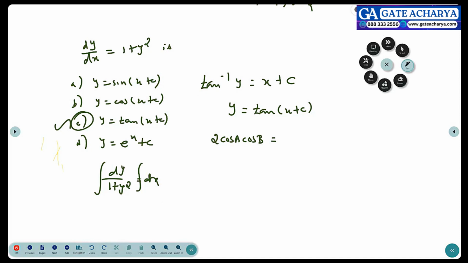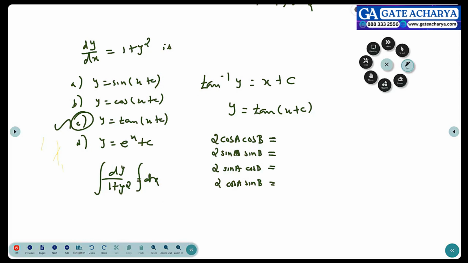What is 2 cos A cos B? Formula. 2 cos A cos B. 2 sin A sin B. 2 sin A cos B. 2 cos A sin B. For 2 cos A cos B, all are in cos.